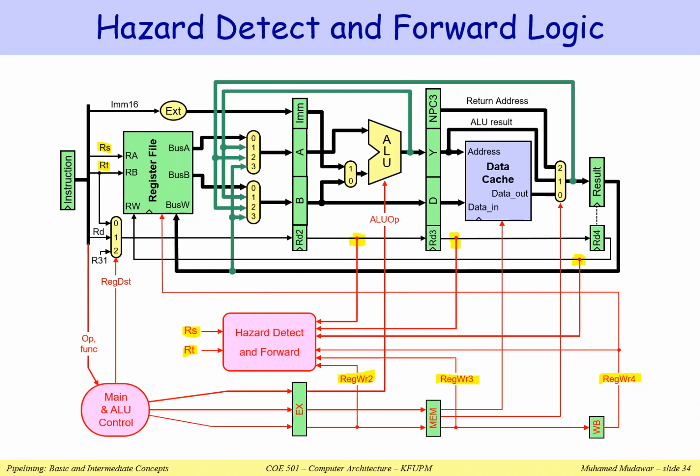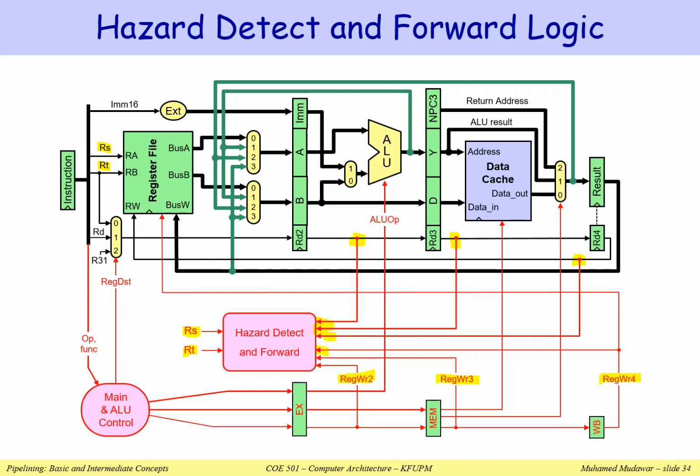And register write 4 is the register write control signal for RD4. Because some instructions don't write anything, the register write control signal might be 0. We have to ensure that the register write is 1, meaning we are going to write something into the register file. So all of these are now inputs into the hazard detect logic.